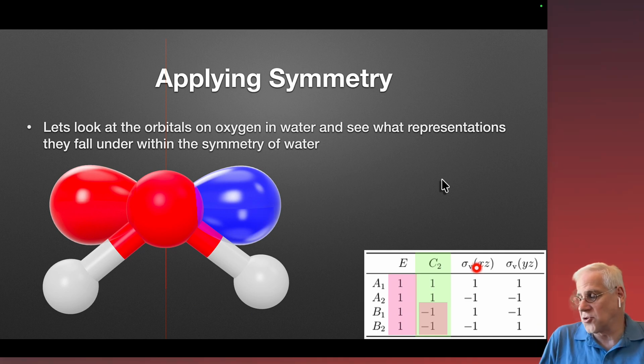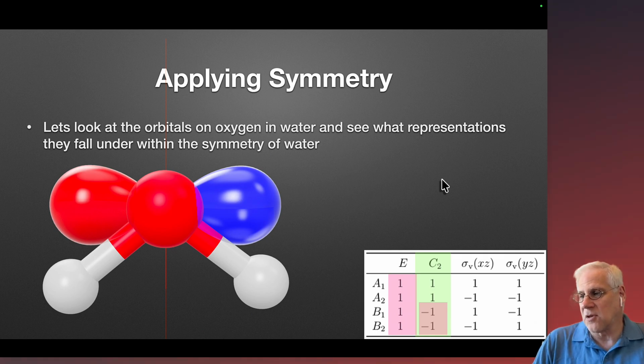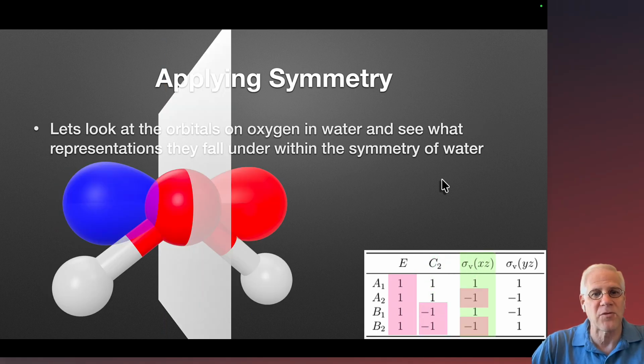The next one we're going to do is the sigma V in the XZ plane. So since this is our Y orbital, the XZ plane is going to, well, we'll see it in the next diagram. It's going to fall like that. So it cuts the molecule in half, and so we go here. So if I were to reflect this molecule from side to side, the blue would move over here and the red would move over here.